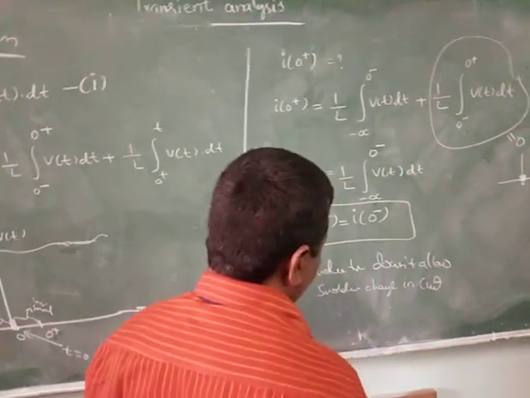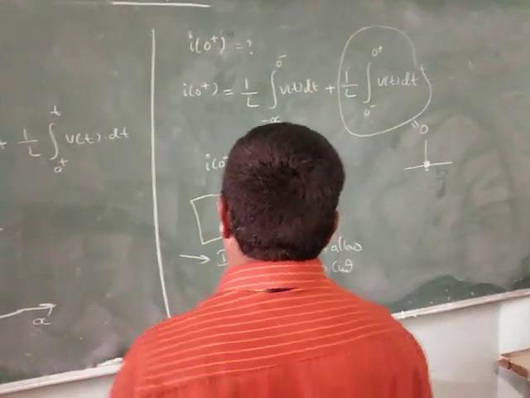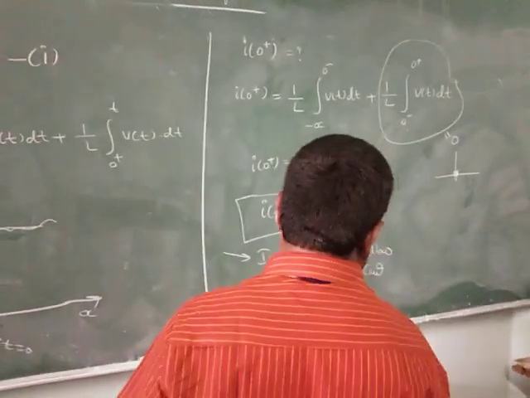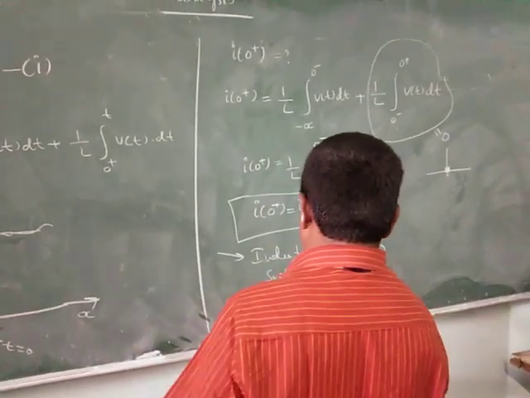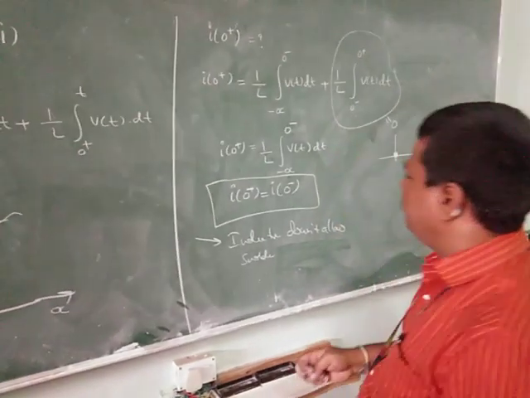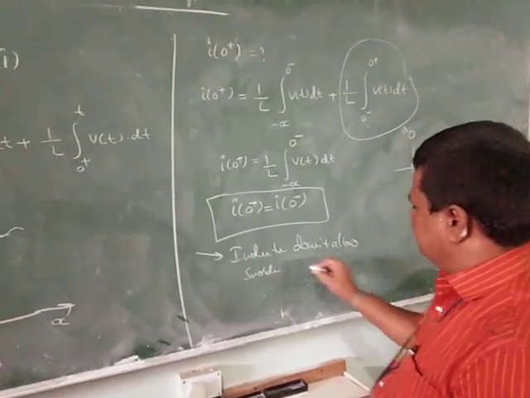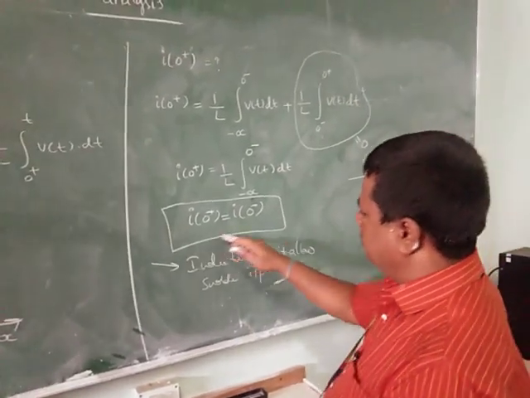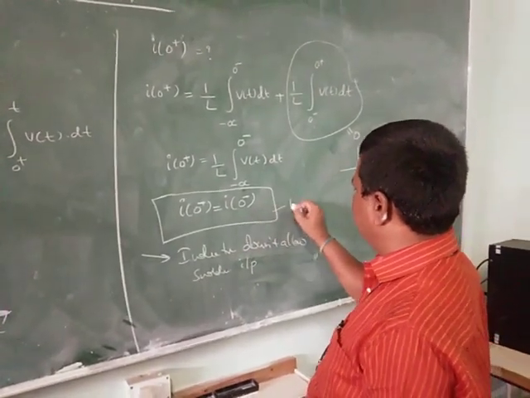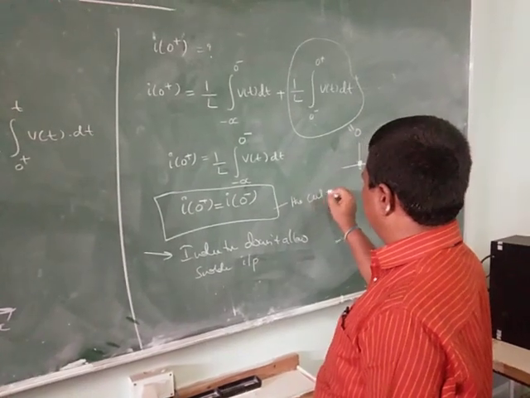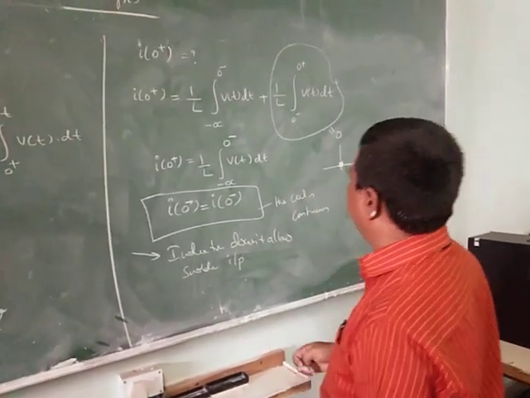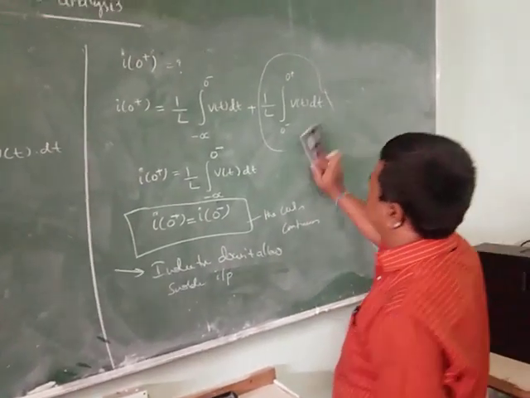Sorry, the inductor does not allow a sudden change in current. The current is continuous. That indicates that the current is continuous. This is the important one.